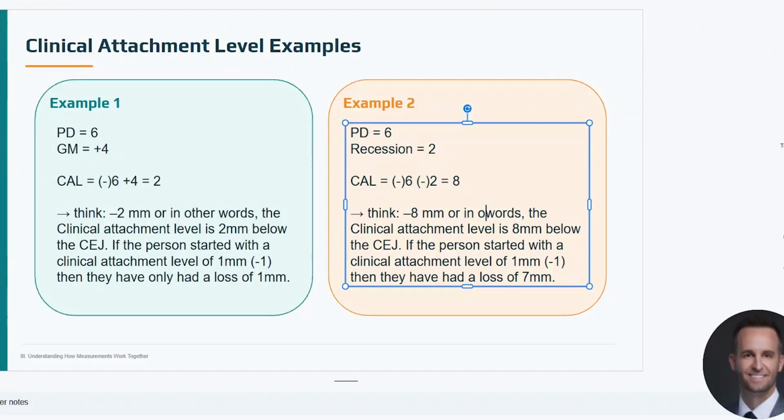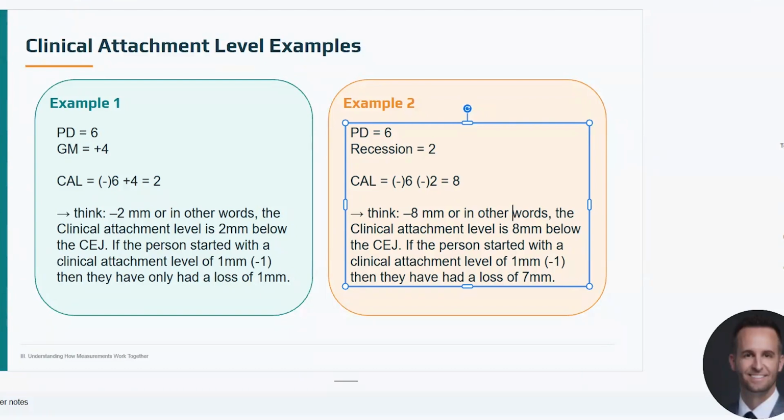Same thing over here. We're going to do another scenario. We're going to say that the probing depth was 6, the recession was 2. So for the clinical attachment level calculation, we're going to put our invisible negative sign here. And since we had recession, we know that has an invisible negative sign. -6 minus 2 equals -8.